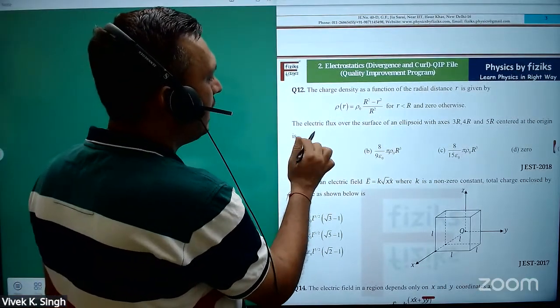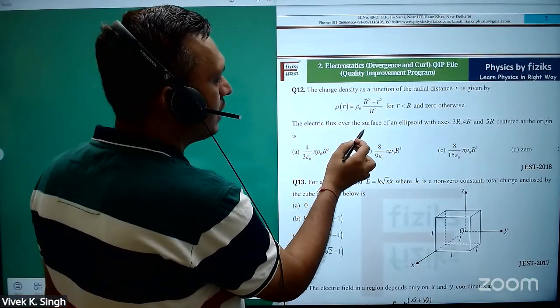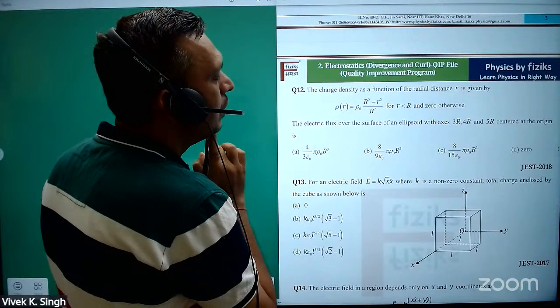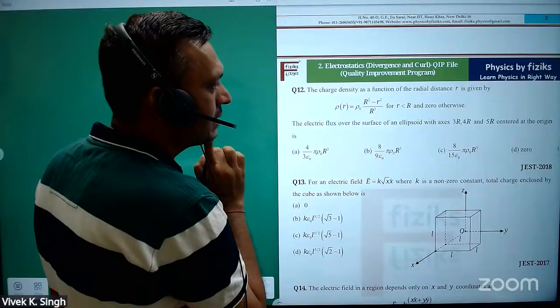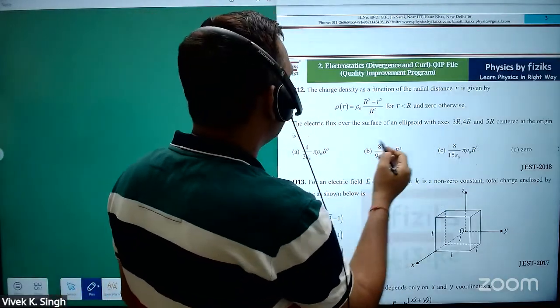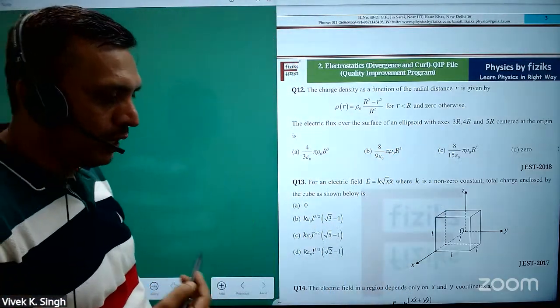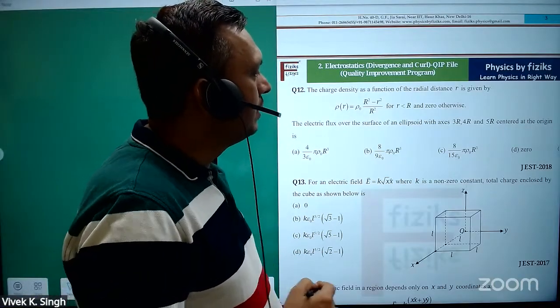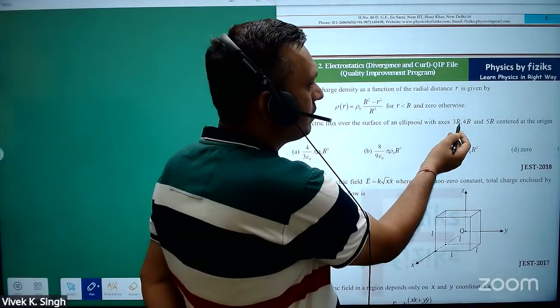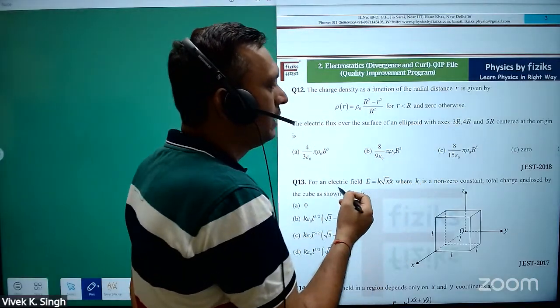Now, the electric flux over the surface of an ellipsoid with axes 3R, 4R, 5R centered at the origin.